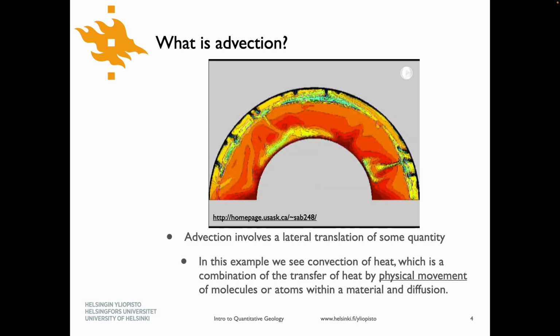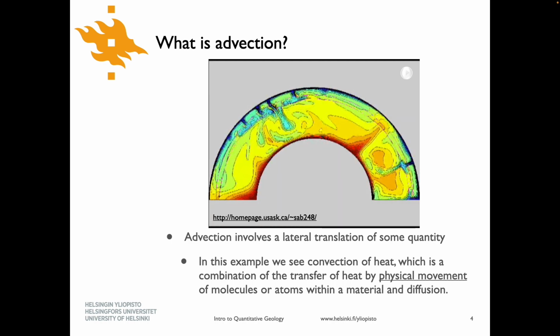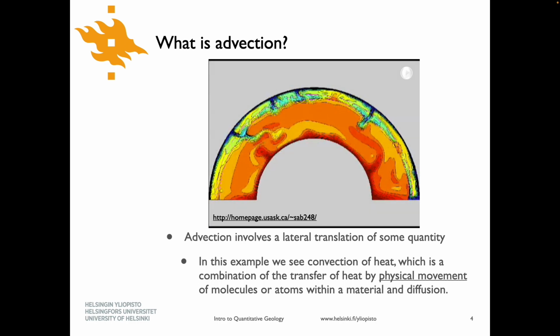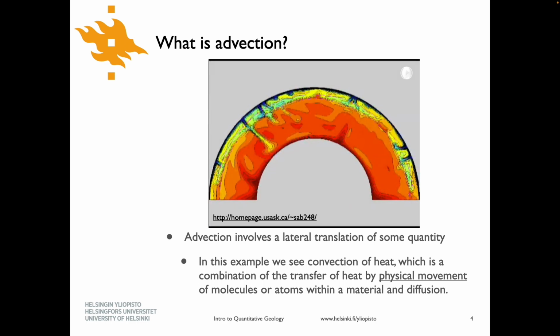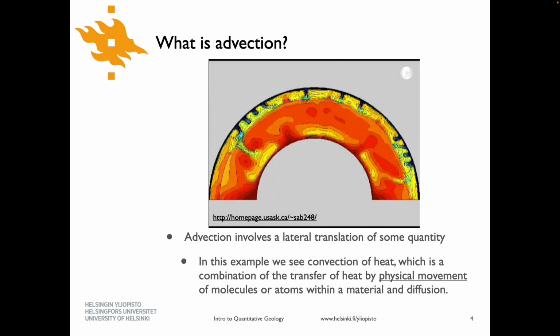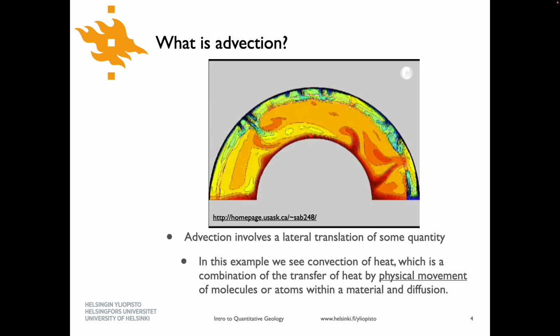The blue colors here indicate rocks that would be relatively cold temperature. Red would be relatively warm temperature. And you can see this is a 2-dimensional model of 1/2 of the Earth's mantle, showing convection that's driven by heating at the base and cooling at the surface.